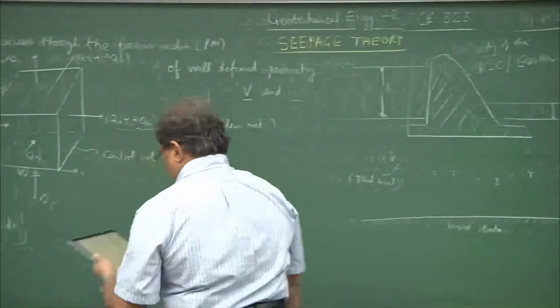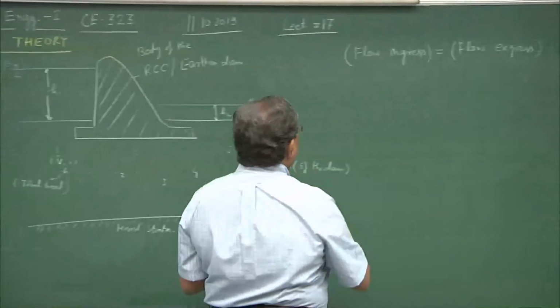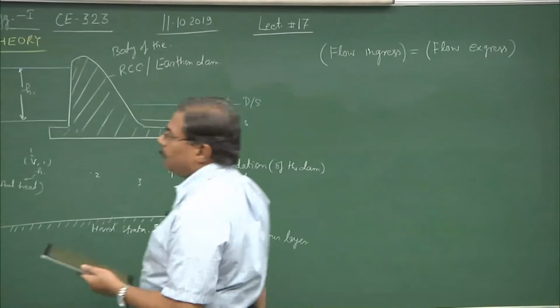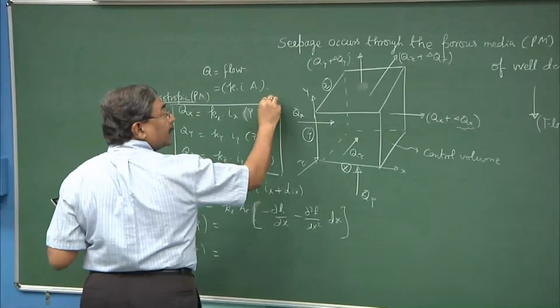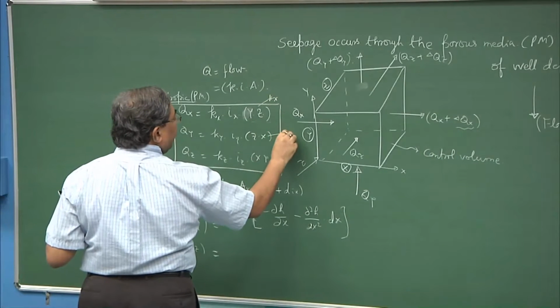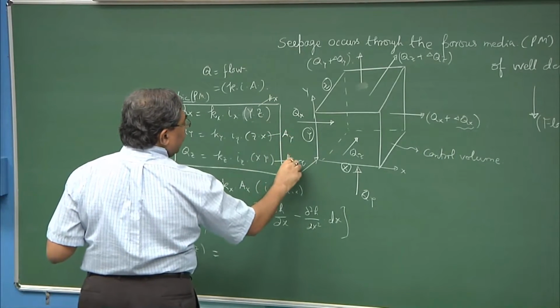So, that means all these functions can be written as your q terms are nothing but this, where this is a x, this is a y, this is a z.